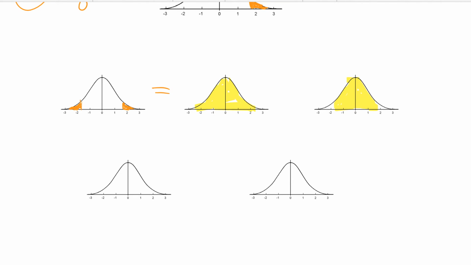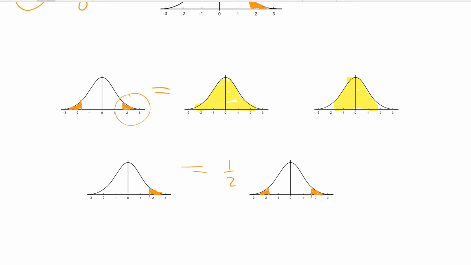How does that help us? The area to the right of 1.8 is right here. So that is half of the area outside of negative 1.8 to 1.8.